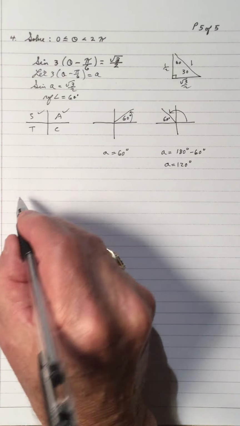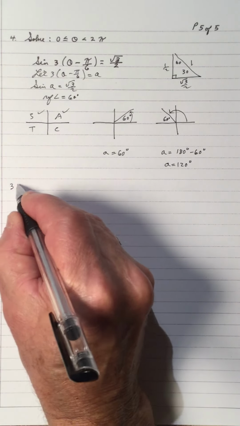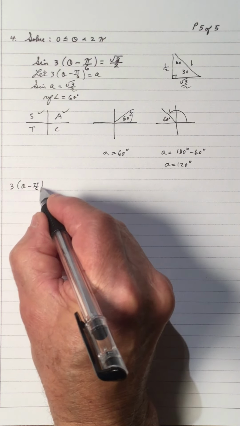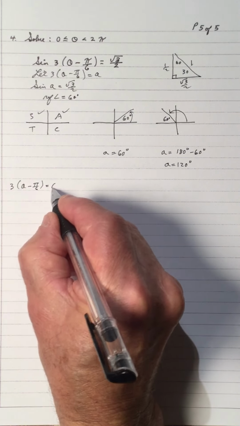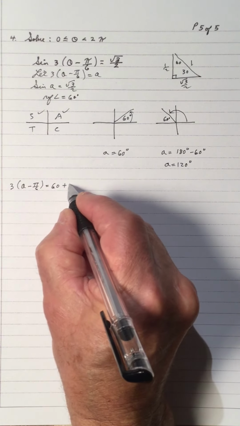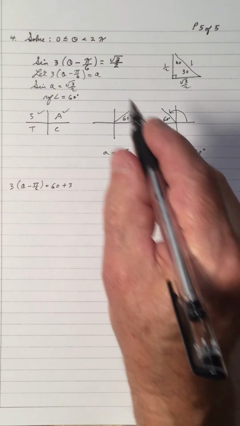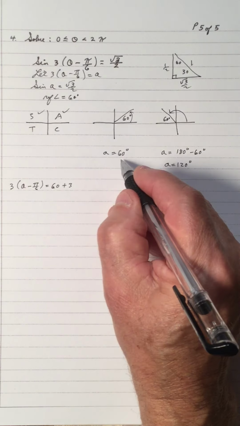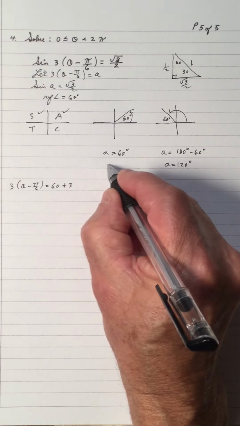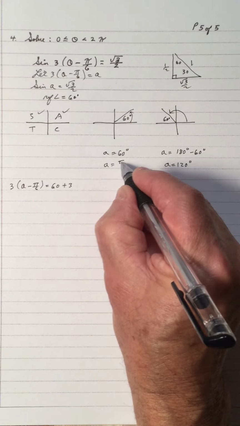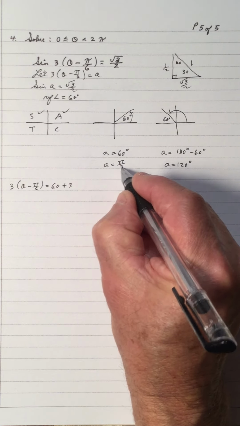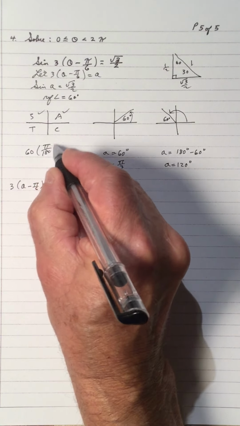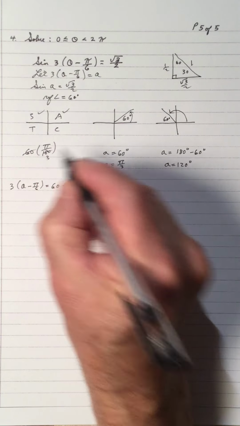Let's fill in 3 theta minus pi over 6. That's equal to 60. And we add on, and it's in radians. Oops, I forgot to do radians. I got degrees. So 60 is pi over 3. Let's see, 60 times pi over 180. 60 cancels in 3.